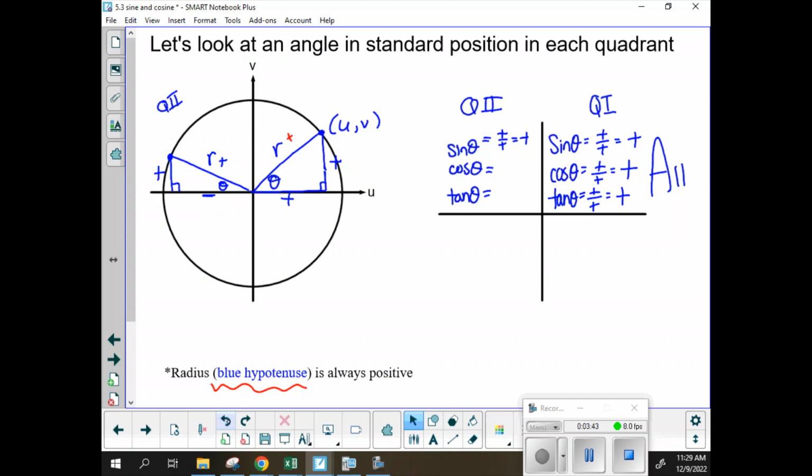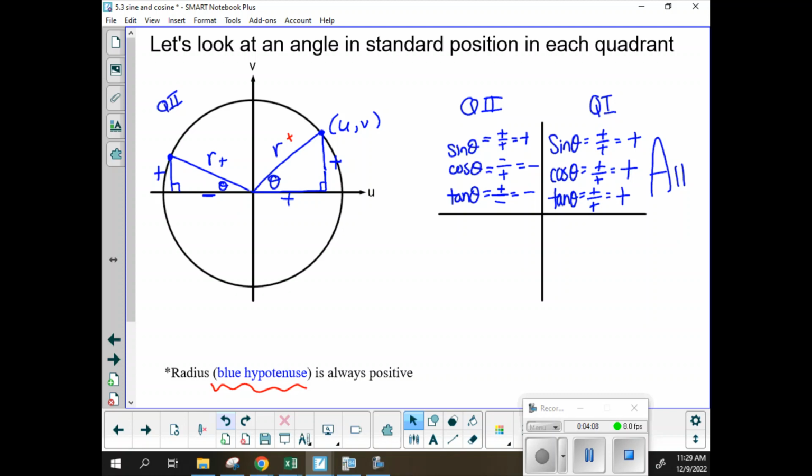So adjacent over hypotenuse would be negative over a positive. All angles in quadrant 2 have a negative cosine value. If we look at tangent, opposite over adjacent, that would be a positive over a negative. Also a negative result.